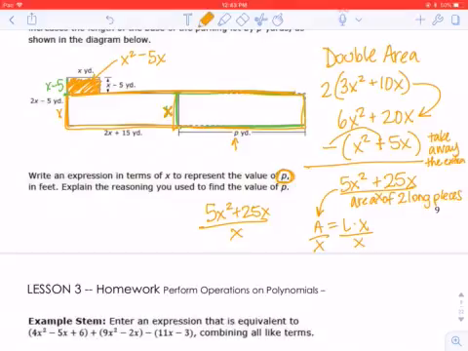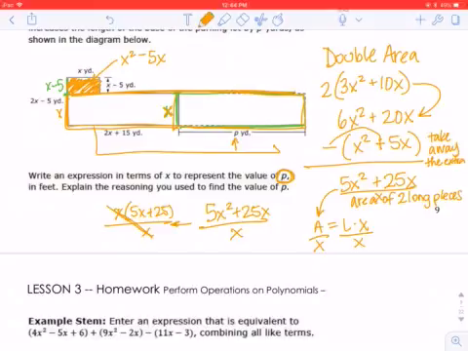I can factor out an x, giving me 5x plus 25 over x, and that cancels my x's. Now this whole section from here to here is 5x plus 25.